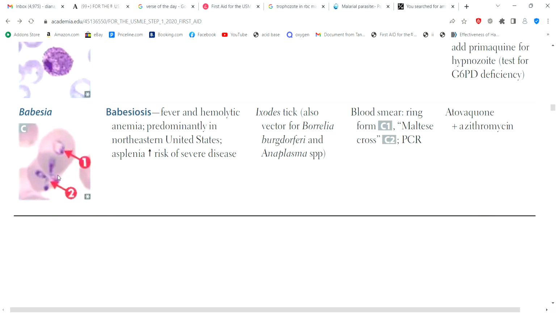Alright, so right here, Maltese cross in RBC. What is a Maltese cross? It's a bunch of trophozoites of Babesia gathered together. It's a bunch of baby Babesia gathered together and they make a cross, okay? It's called Maltese cross. It infects RBCs. The treatment is atovaquone and azithromycin. Next.